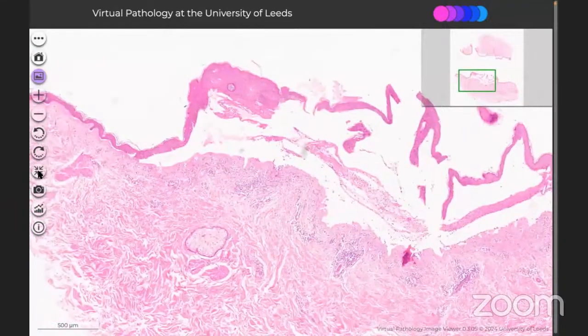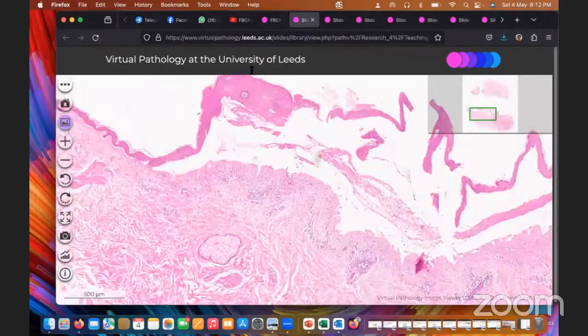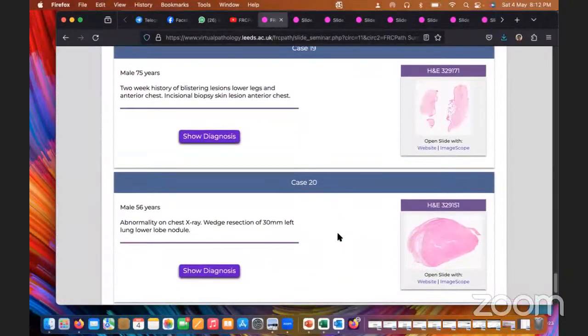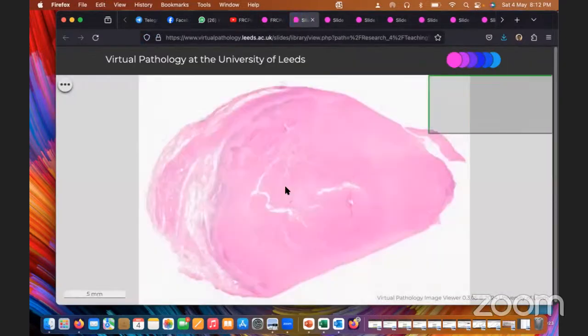Okay, now moving on to our last case, that is a male 56-year with abnormal chest X-ray and wedge resection was done. So this is an interesting case because we can see from the lower magnification a significant area of necrosis.